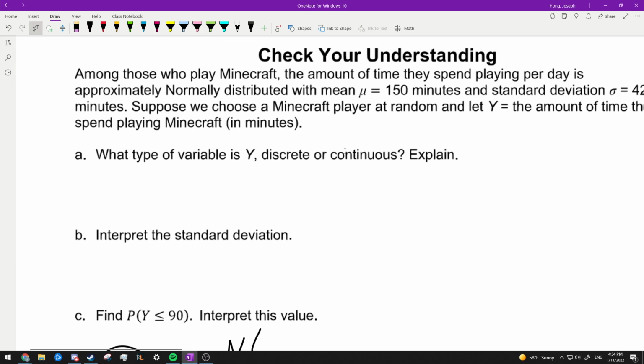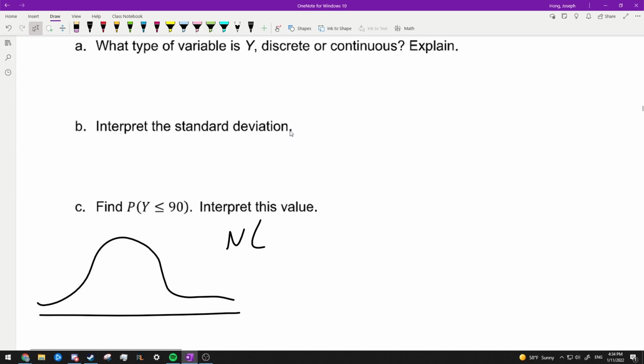They told me in the story that mu is 150 and that the standard deviation is 42.7. So I'm going to label this like so: 150, 42.7. And they're asking me if y is less than or equal to 90.